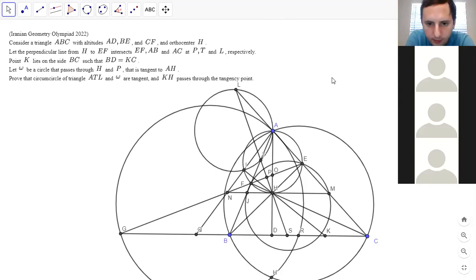So I like F, T, and J. I just don't know whether I want to use A or B. Yeah, it starts to get a little complicated.